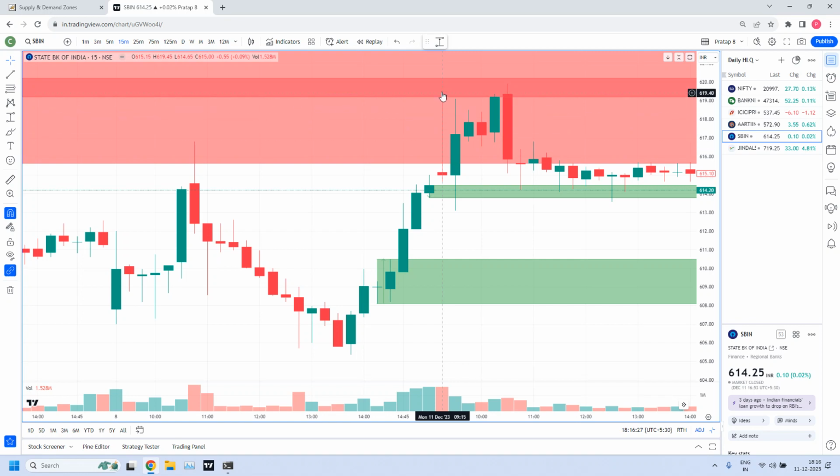See the first entry also. We got the first entry around 9:16 in the morning, and around 9:30 it reached the target. Exactly the same way, we got a 10:30 15 minutes candle entry, and in the 10:45 15 minutes candle it reached the target.